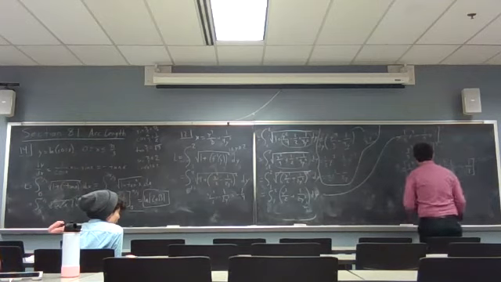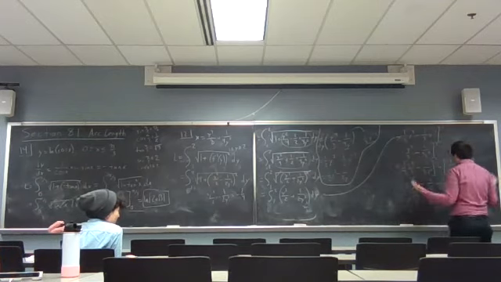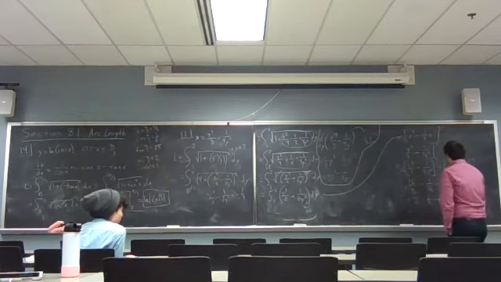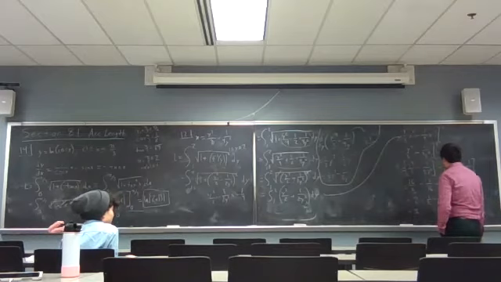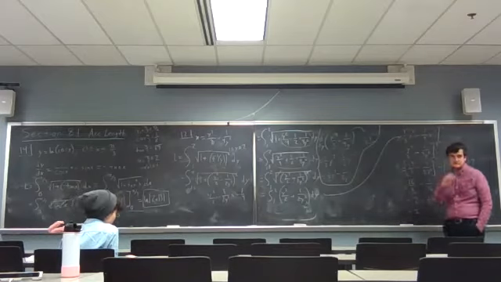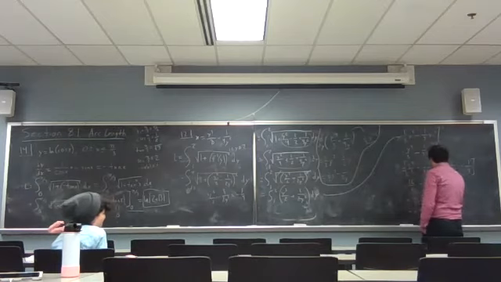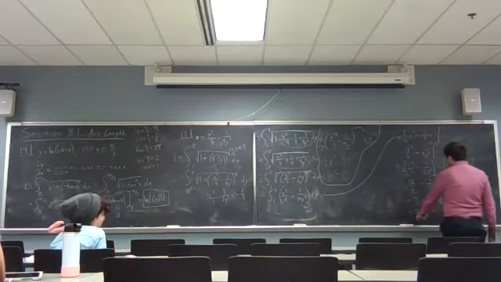So negative 1 minus 2 plus 4 is what? 1. So we get 2 plus 1 over 16, which I would want to get a common denominator, which would give me 32 over 16 plus 1 over 16.